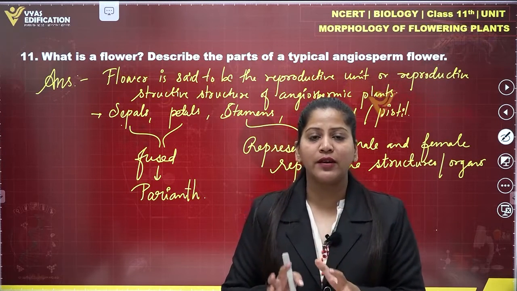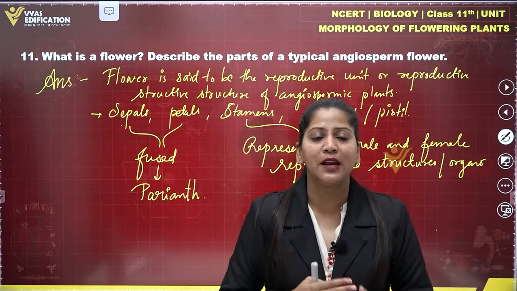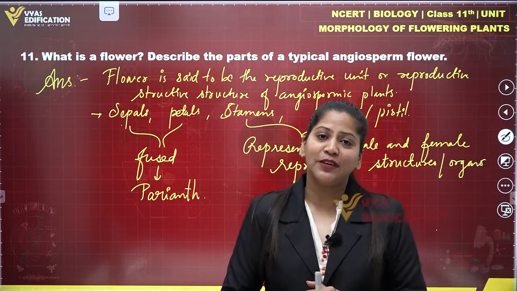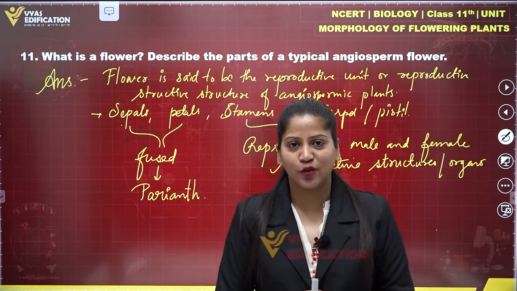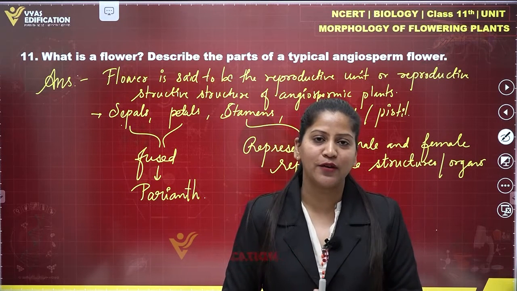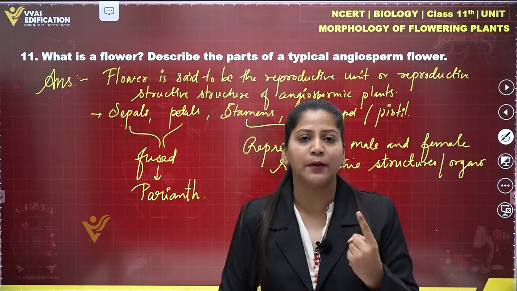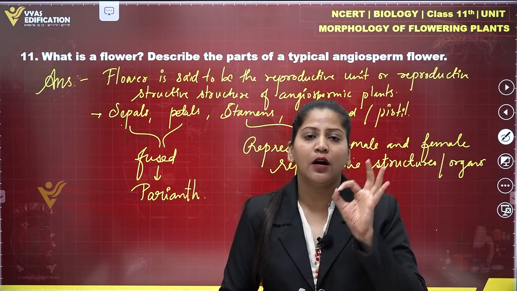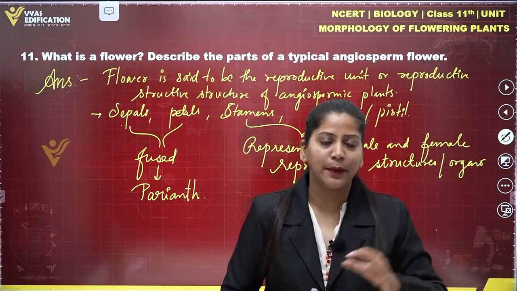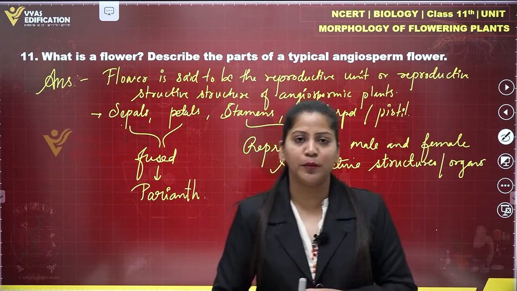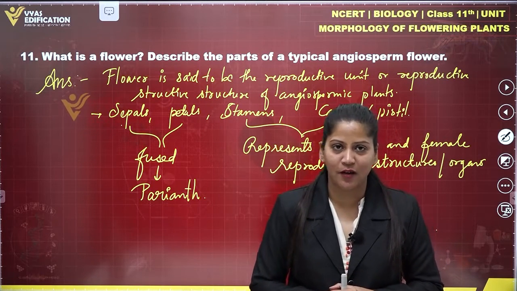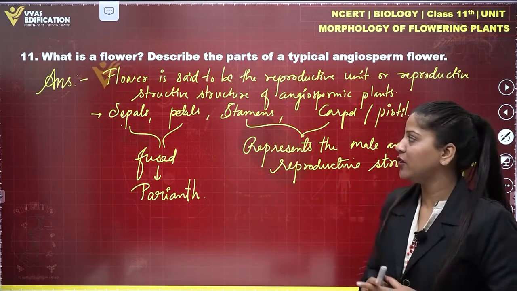If any flower is containing male as well as female reproductive organ in it, then the flower is said to be bisexual, whereas if any flower is containing either only stamen or carpel, then the flower is said to be unisexual flower. So this is all about question number 11.